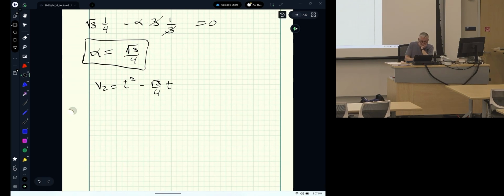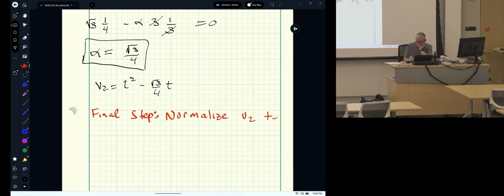And then the final step, which we'll skip because it's just more grungy, I'm going to normalize V2 to have norm 1.